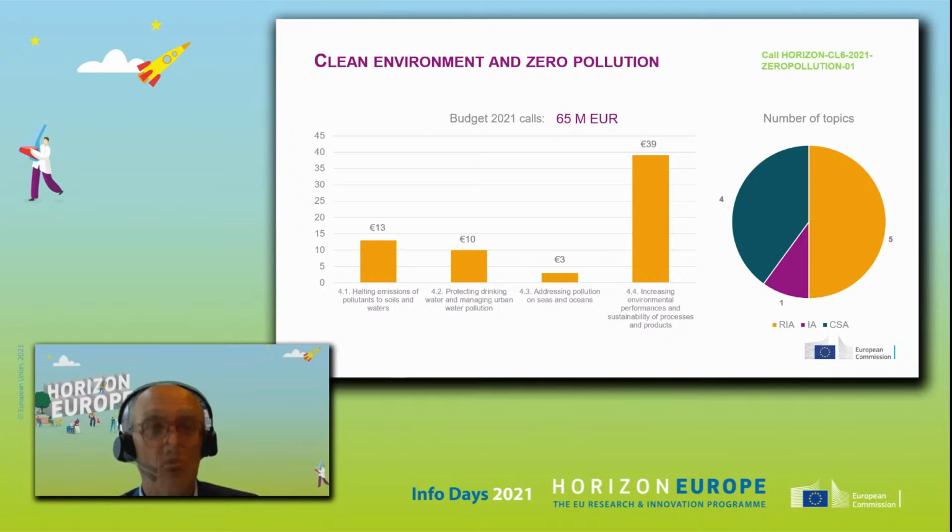We also have one topic, excuse me, with 3 million euros in the area addressing the pollution of seas and oceans. And then we have 6 topics with an overall budget of 39 million euros in the area dealing with environmental performance and sustainability of processes and products.